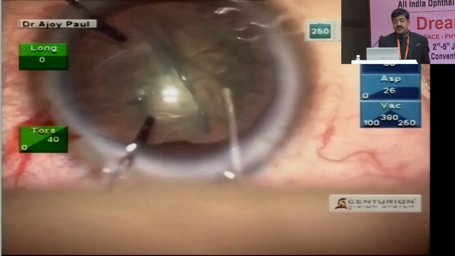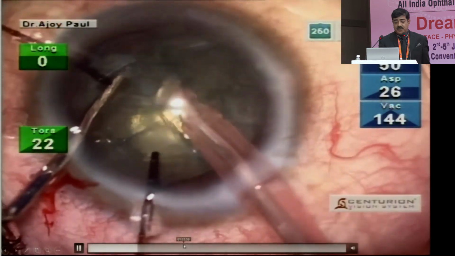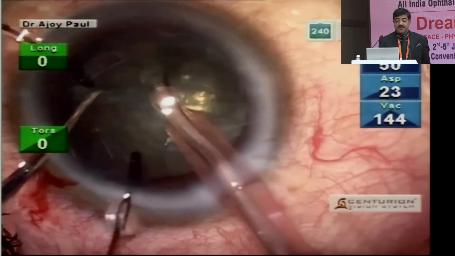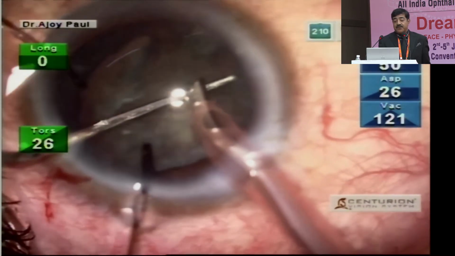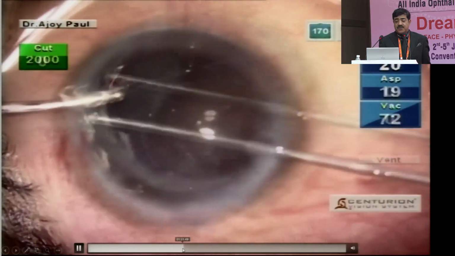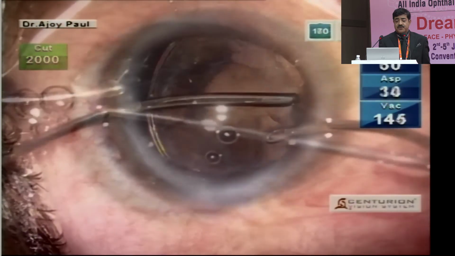Once I've got the CTR there, I know I can remove those lens nuclear pieces because they have already been disassembled by the femto laser. And this is a trauma, so there is a lot of vitreous, a little bit of vitreous protruding out there.